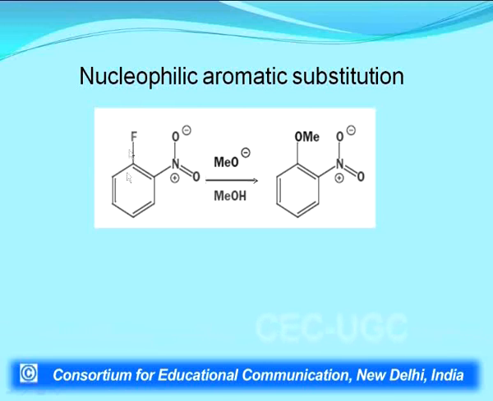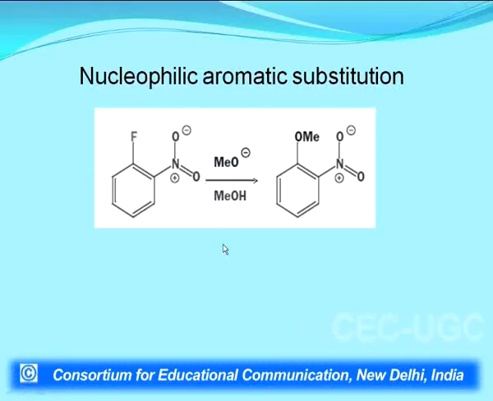So, this bond is very difficult to break, and that is why we had not taken any example of alkyl fluoride while discussing nucleophilic substitution reactions. But here we find that if fluorine is attached to the benzene ring, although the same factors would be there, a shorter bond is there, sodium methoxide is able to displace it by methoxy group if a nitro group is present at the ortho position.